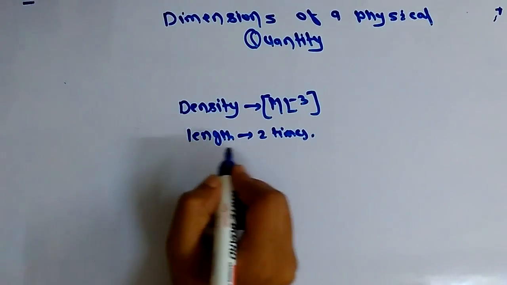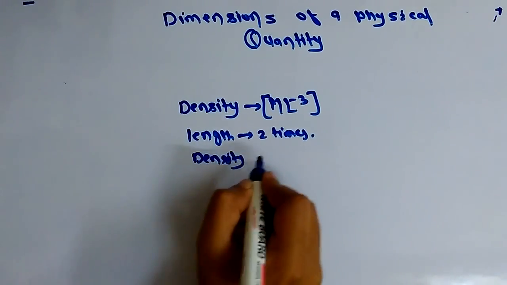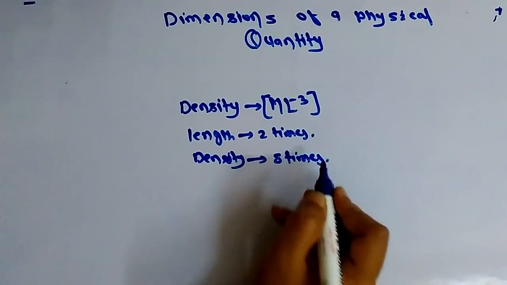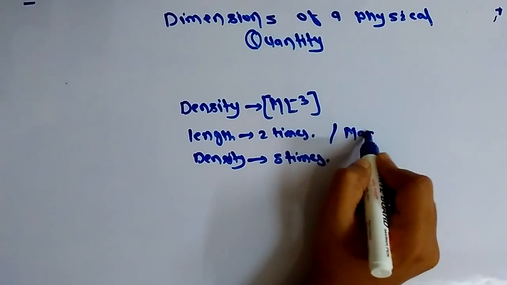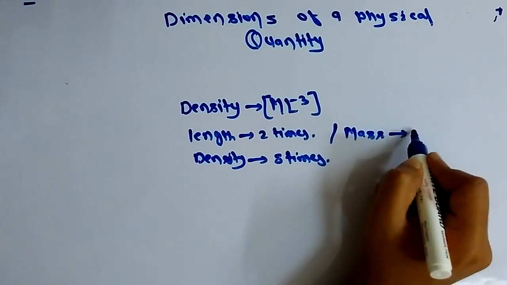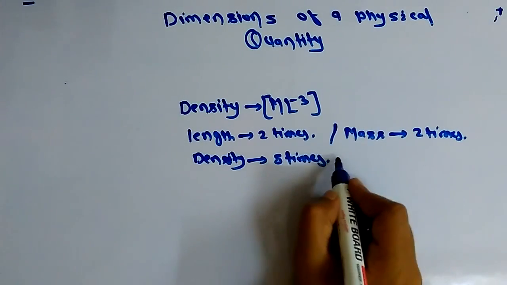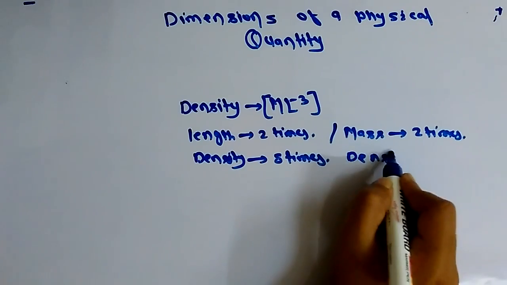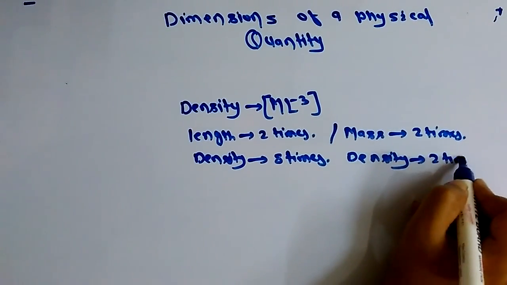Instead of length, if we change the mass by 2 times, the density gets changed by 2 times only.